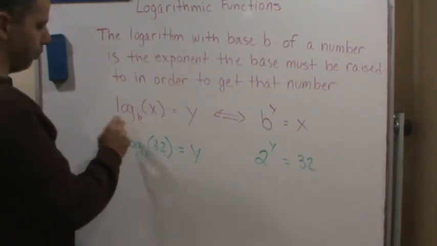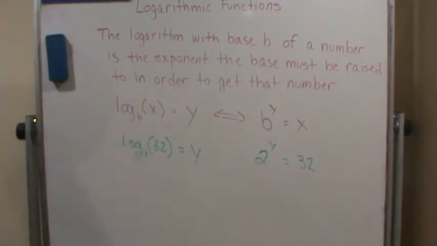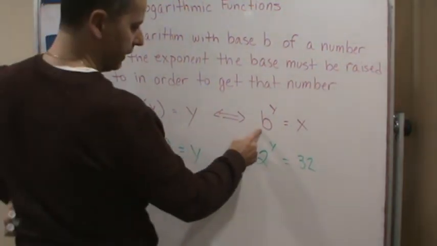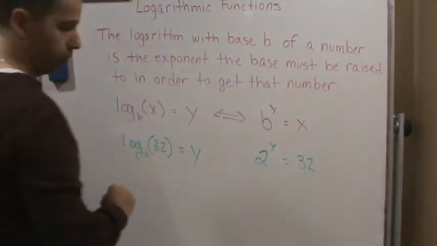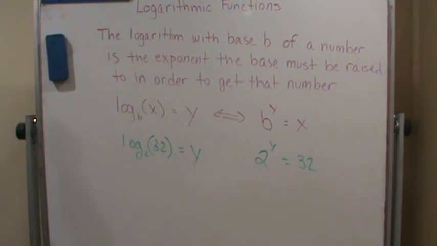If you look at this, b can't equal 1 because, again, we don't have an exponential. Remember, the base can't be equal to 1 for both logarithms and exponential functions.